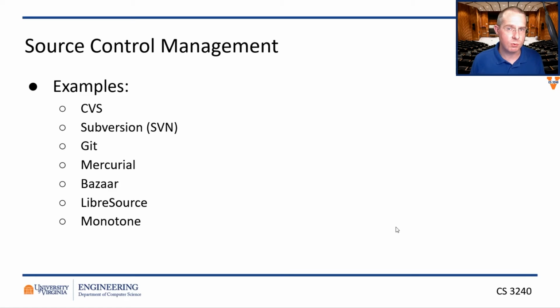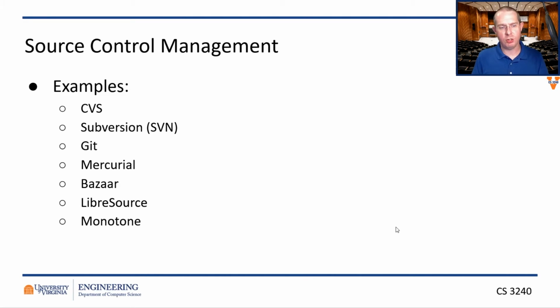Here's some examples of some source control management systems. Some you know, some you probably never heard of, like CVS. Not the drugstore, concurrent versioning system. CVS has been around for a very, very long time. You really don't see it anymore. Subversion, that was the hotness when I was an undergraduate, and that was when SourceForge was really doing its thing. Subversion is fine. It's still out there.